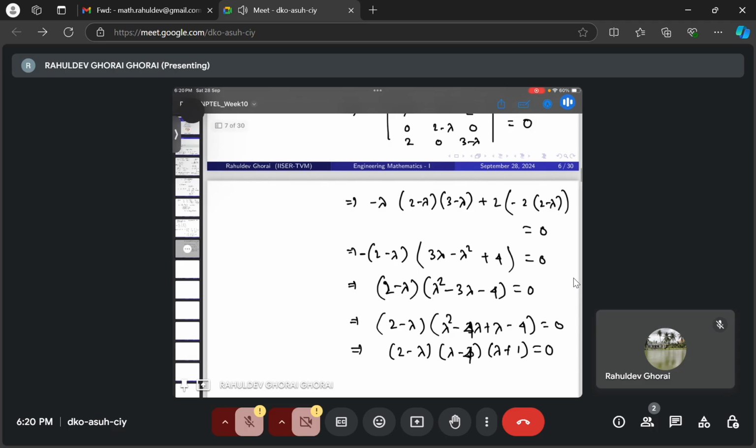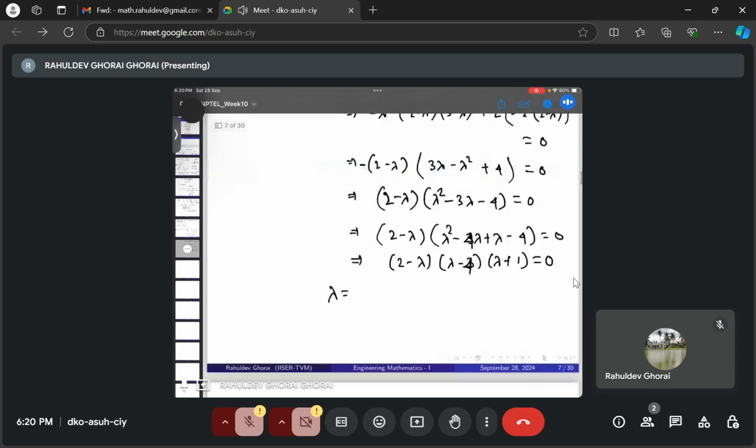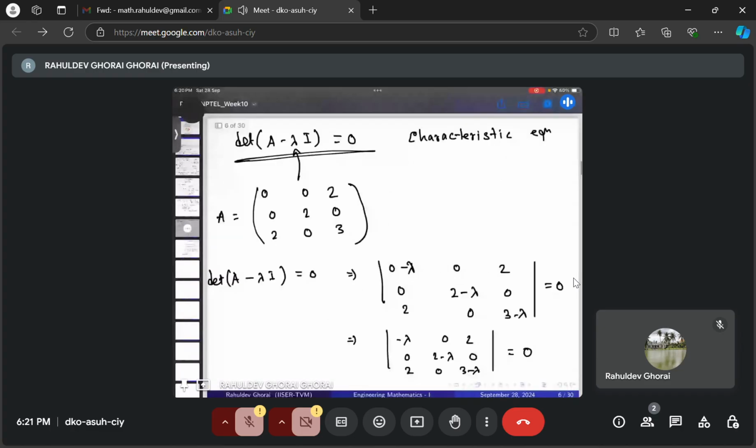So what are the values of lambda? Lambda can be 2, lambda can be 4, or lambda can be minus 1. These three values are possible. So the matrix we started with has 3 eigenvalues: 2, 4 and minus 1.